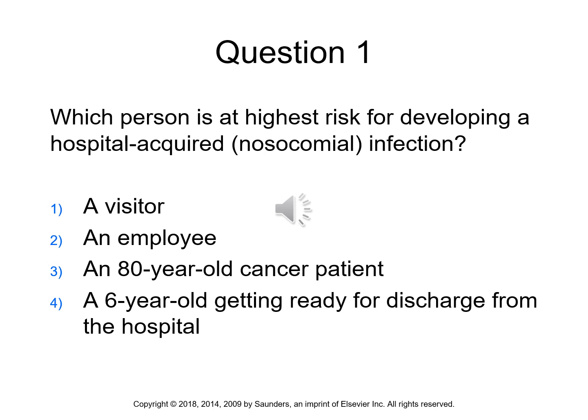A hospital-acquired or nosocomial infection is an infection that occurs while a person is receiving health care in a facility. It could be in a hospital, a long-term care setting, or home health care services. And so the answer is going to be 3, an 80-year-old cancer patient.